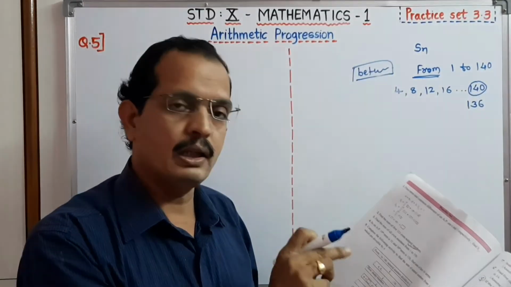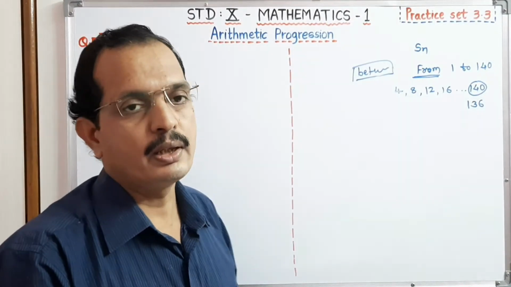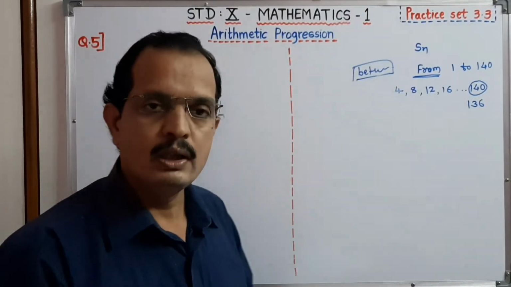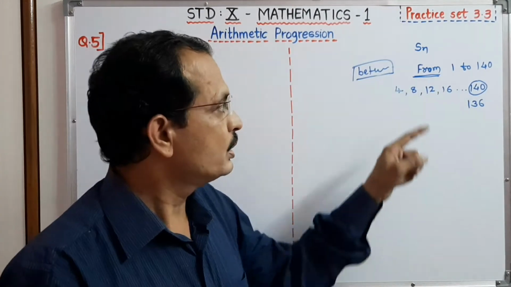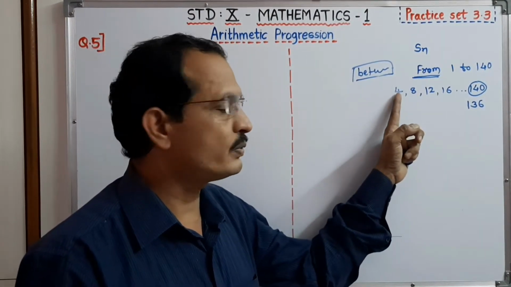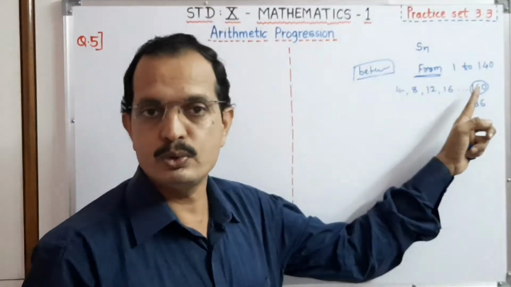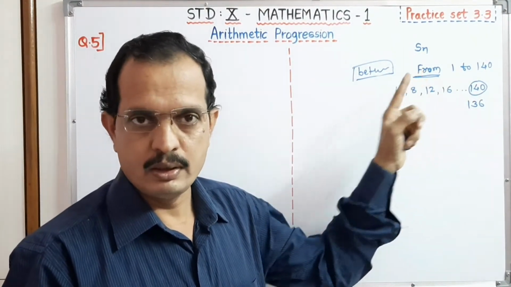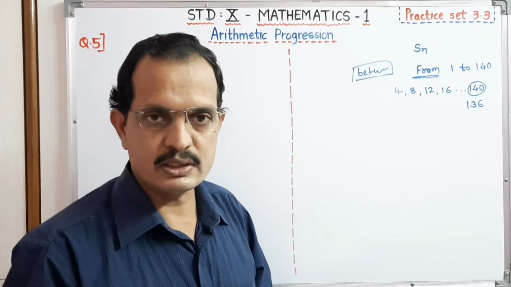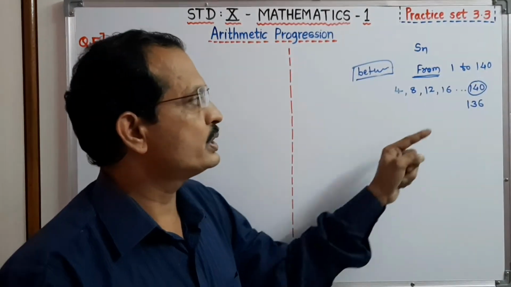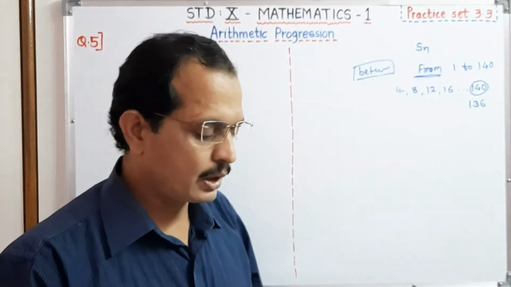Therefore, here the last term must be 140. So today we are going to solve this using the word from. That means we take the first term as 4, 8, 12, 16 like this, and for the last term we have to use 140. Got it? In the book it is given as 136. You have to use 140 here. Got it? Now see here.